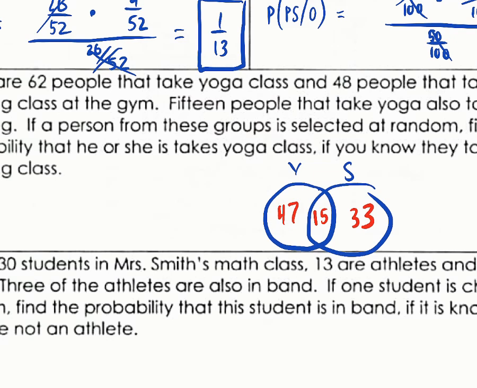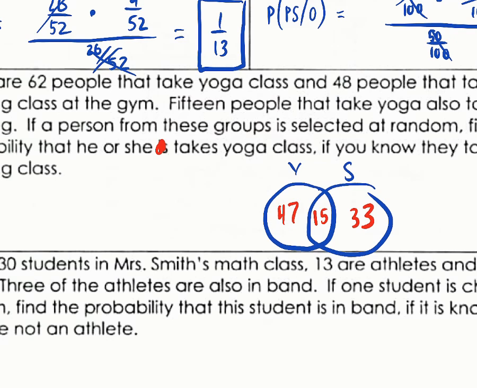Okay, let me explain. Let's see what the probability asks me this time. If a person from these groups is selected at random, find the probability that he or she takes yoga if you know that they take a spinning class. Okay, so listen.